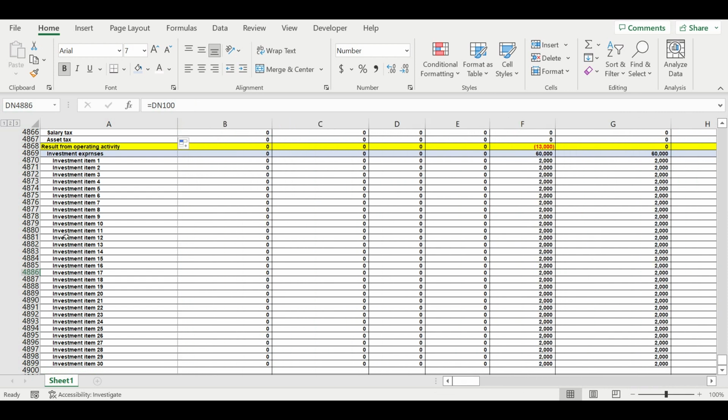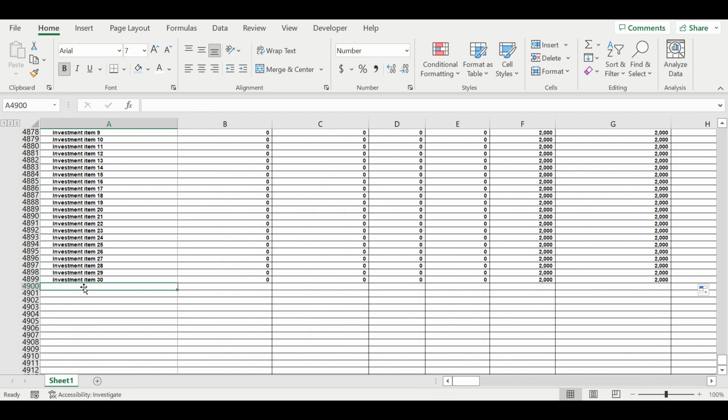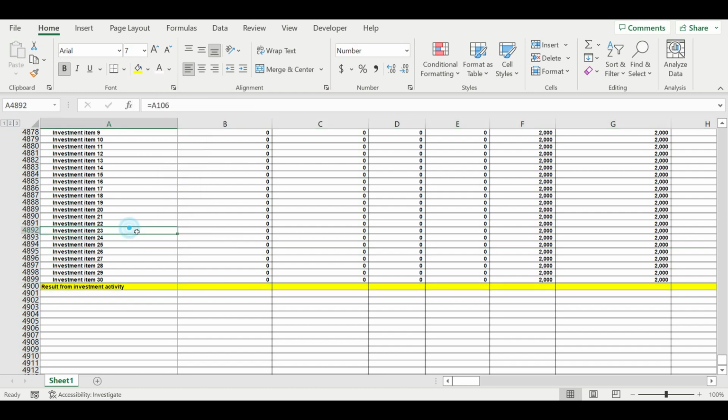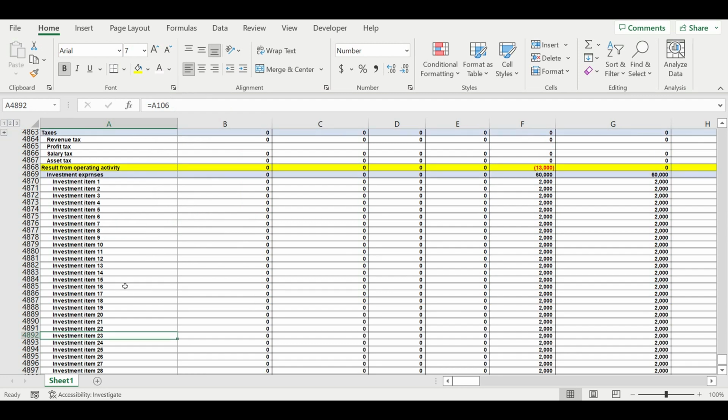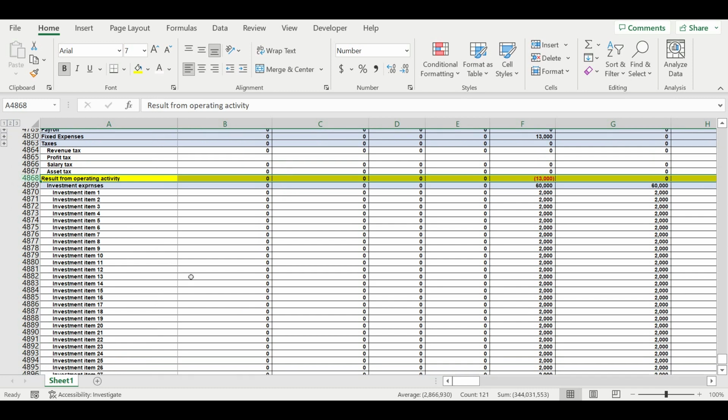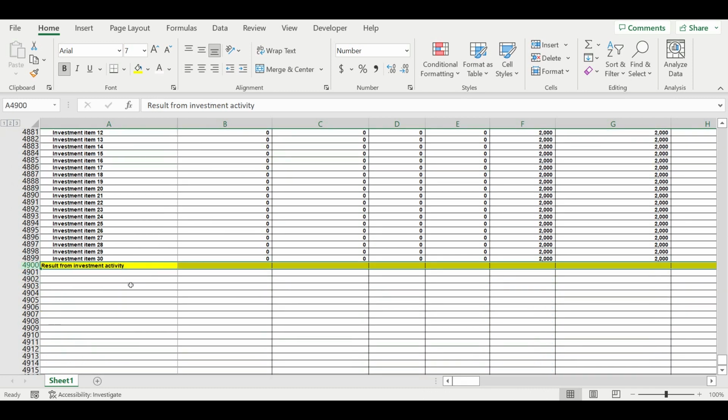Then I will create the line called result from investment activity. So this is the second main line inside the cash flow statement. After the result from operating activity, we create the result from investment activity.